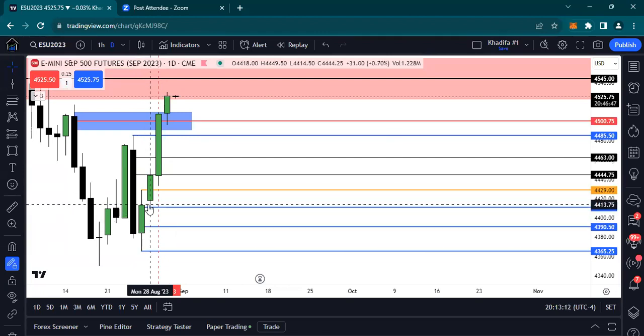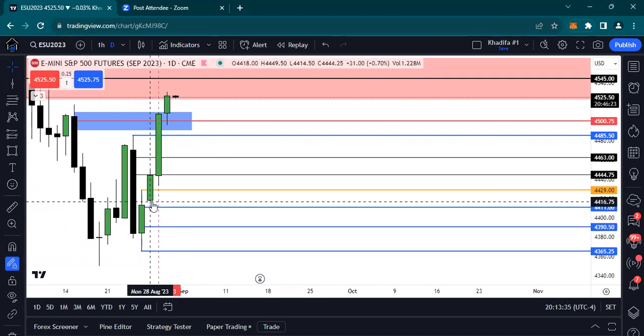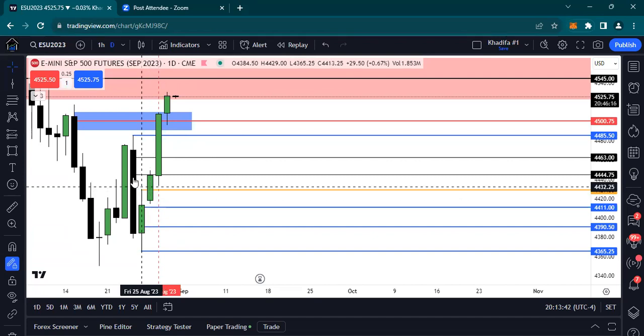I told you that if we did pull down to the weekly PD array, I would expect that to propel price to the upside. And if we didn't pull back down to the weekly PD array, I would expect price to just run Friday's buy side liquidity and the previous week's buy side liquidity, which is this blue level.